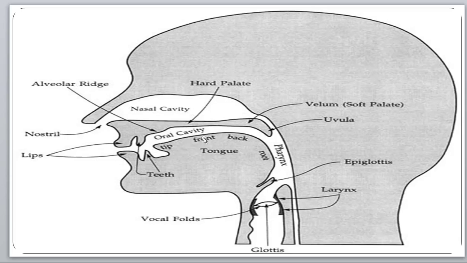There is the front part of the tongue below the hard palate, and the back of the tongue below the soft palate. Below the soft palate there is the root of the tongue.